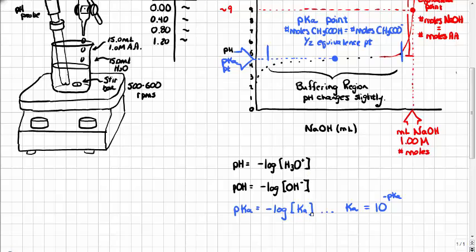All right, so having done that, what you can now do is, from your graph, determine a value of pKa, plug the value of pKa that you got from the graph into this expression, and determine a value for the weak acid dissociation constant for acetic acid. And then, of course, you'll be comparing this value of K sub A to the known value, as well as to the previous 4 values you determined via simple pH measurements.